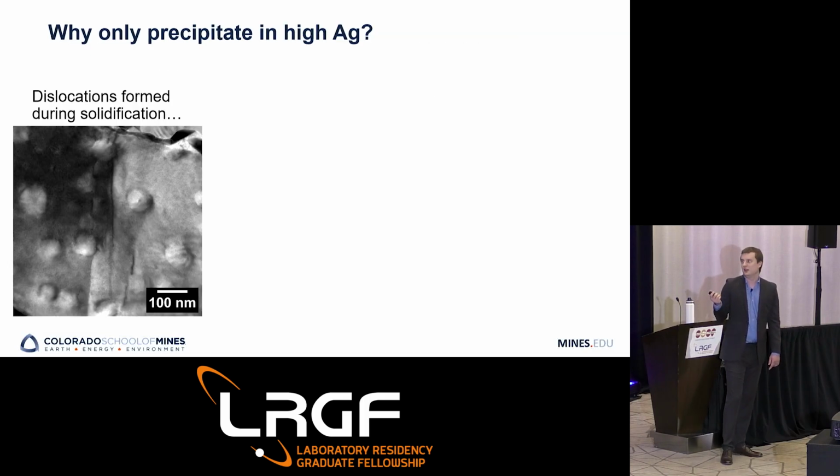So why do we only get precipitation in the high silver composition? Well, these precipitates are forming along dislocations, and we have those dislocations in every composition, but they're only becoming precipitated dislocations at the high silver content. And that's in part due to how much higher the driving force for precipitation is with a more supersaturated solid.